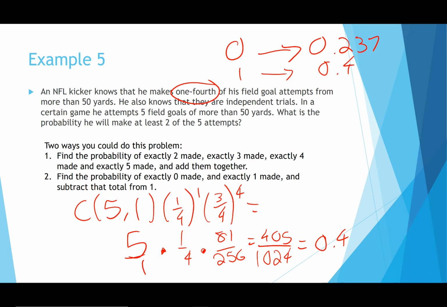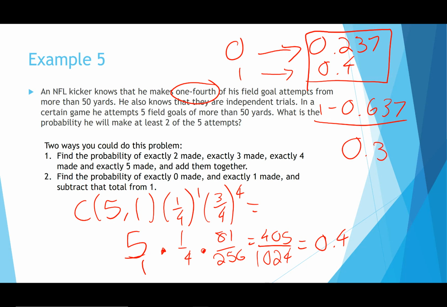Now, if I add these together, that's the probability that he makes either 0 or 1 kick, which is about 0.637. If I subtract that from 1, then I have the probability that he makes at least 2 kicks or more. So 1 minus that would be 0.363, I believe. That's a little bit easier than finding the probability of 2, 3, 4, and 5, and then adding all of them up.